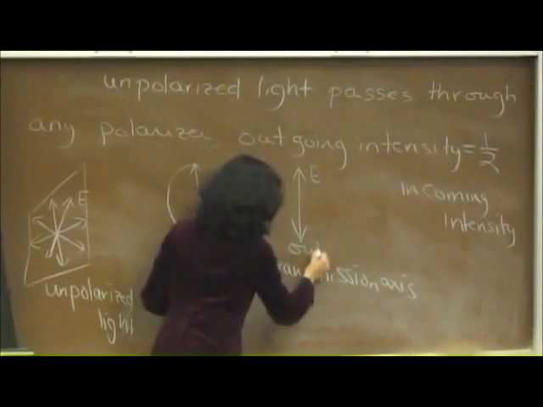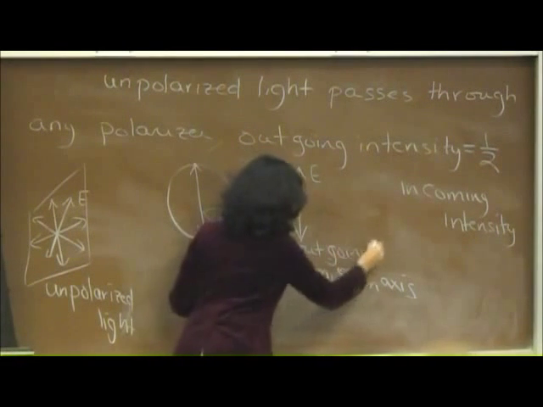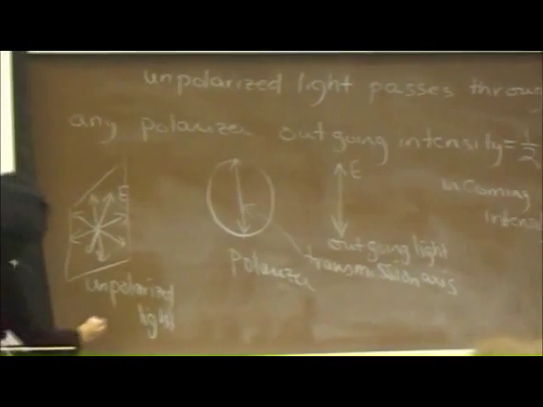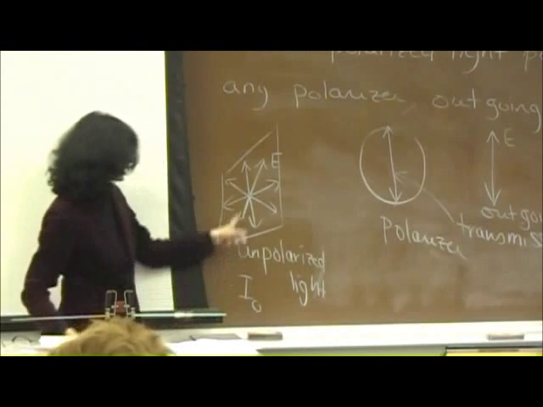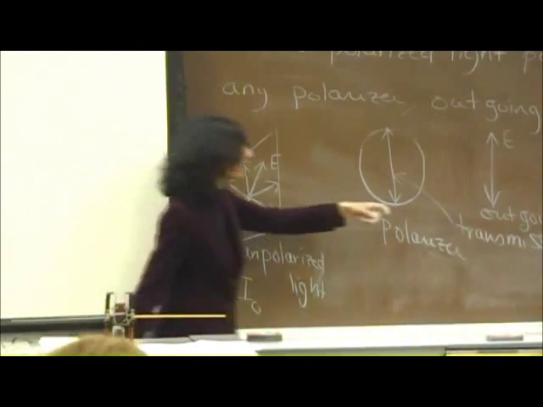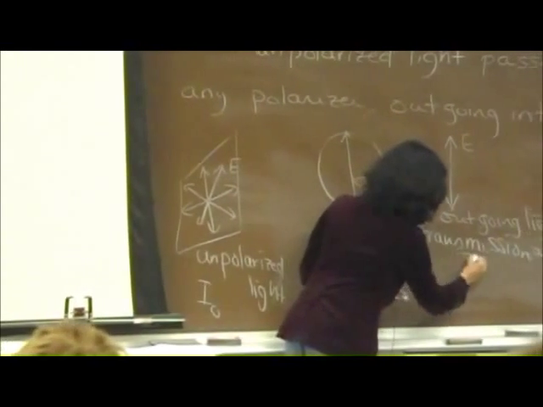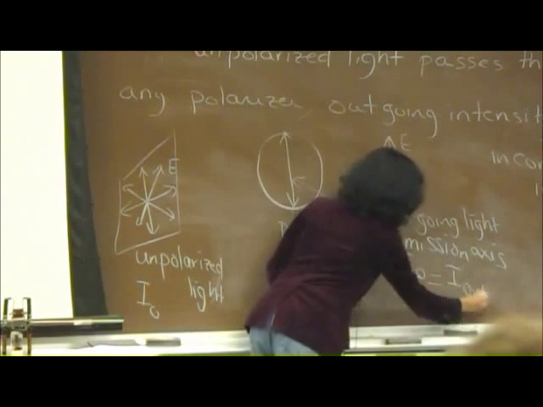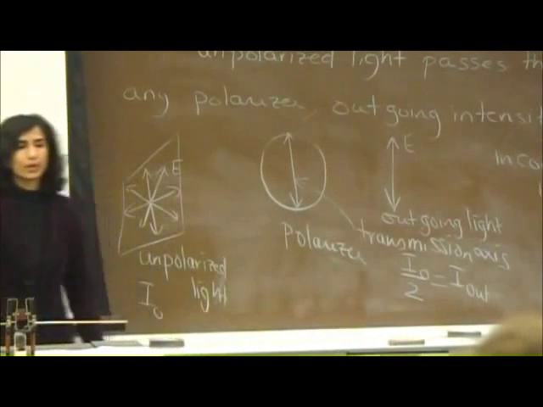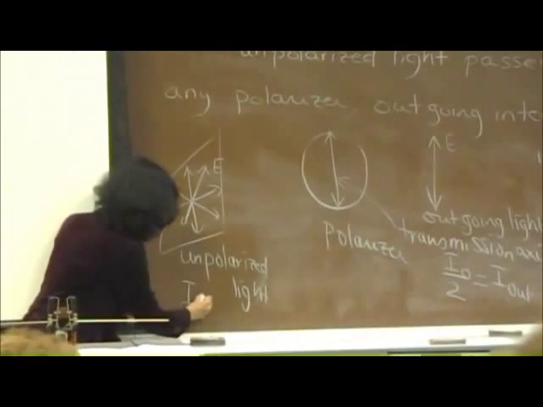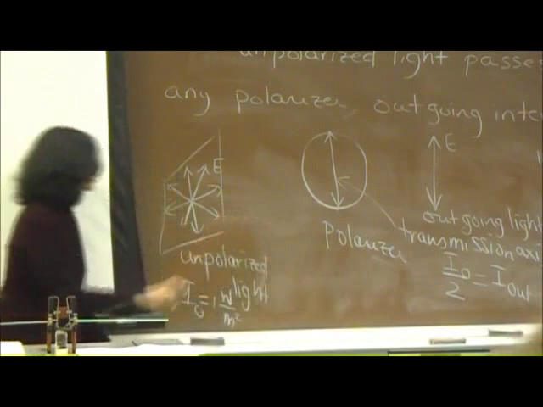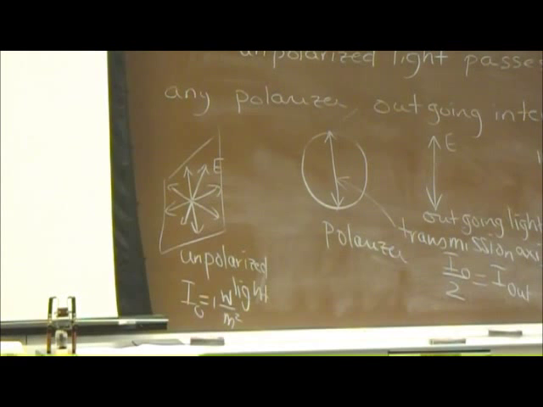So in this case, this is the outgoing light, and suppose the intensity here was I0, the incoming intensity. I claim that the outgoing intensity is I0 over 2. So I out will be I0 over 2. For example, if this was 1 watt per meter square, that will become half a watt per meter square.